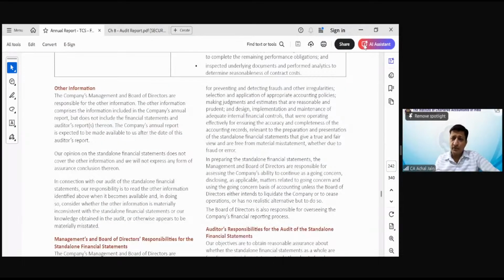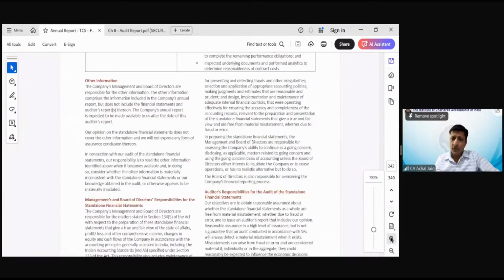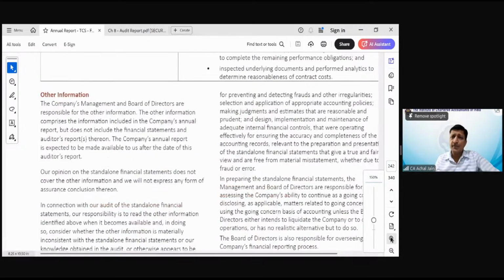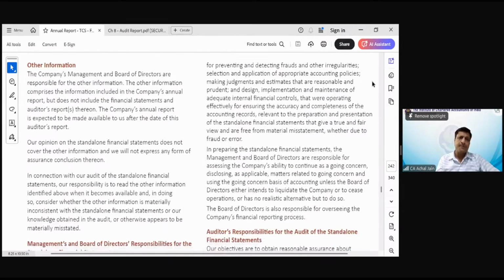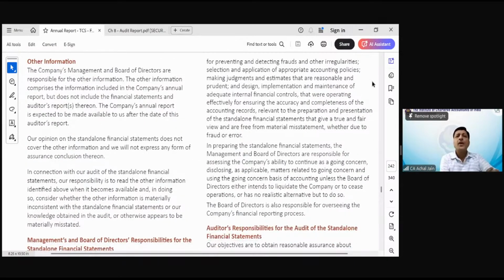Now, what is the relevance of this? Why are we discussing this aspect? Why are we looking at the index? See, when it comes to the audit, let's suppose you are the user, a stakeholder of this company, and you want to look at the financial statements.